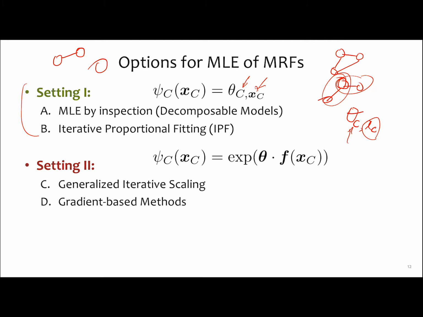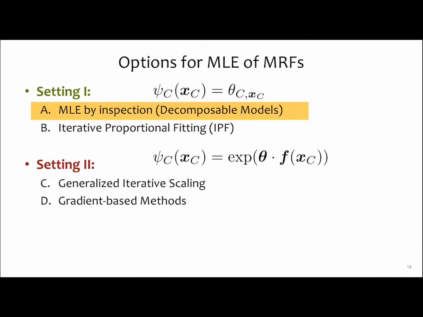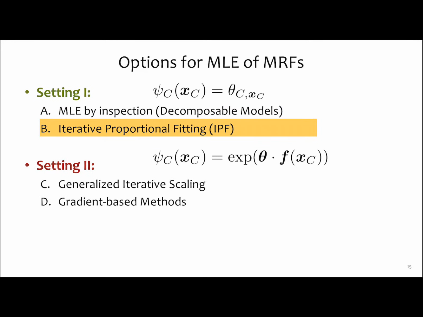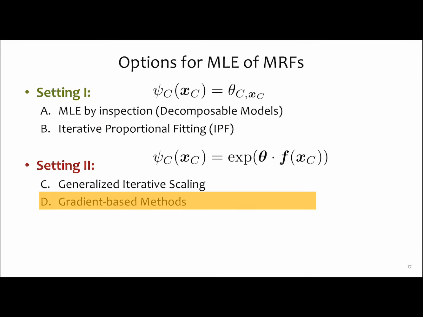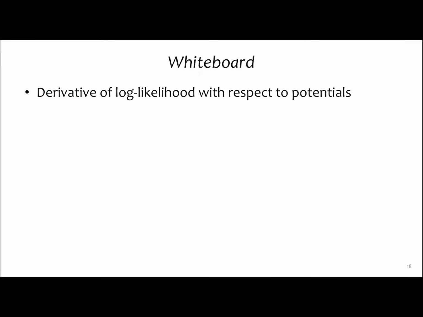Then in setting 2, things are not even discrete, can be continuous or discrete, and this is the more general setting. Okay, so this is the recipe or agenda for today. I talked too much before going to the slides. All right, so let's start.